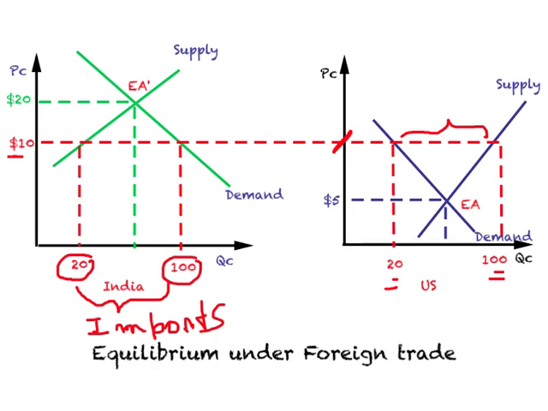And so this difference between supply and demand will represent the surplus that the US can now sell to the Indian market, and this will constitute exports for the US. And what you find at a price like $10 is that imports of India, which is 80 units, equal exports of the US, which again is 80 units.